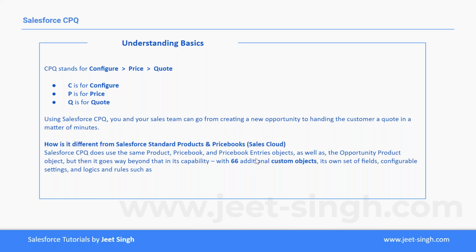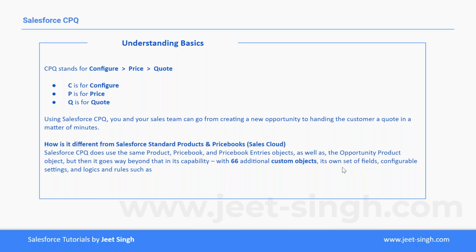You have your pricing and configuration of products, which products can be sold with which other products, and which products should not be sold with which other products, and those things can get very complex. To handle that, there are 66 additional custom objects which are part of CPQ. So that gives you an idea that there is a lot more which is possible with the CPQ app. It's not just about the product, price book entry, or opportunity product.